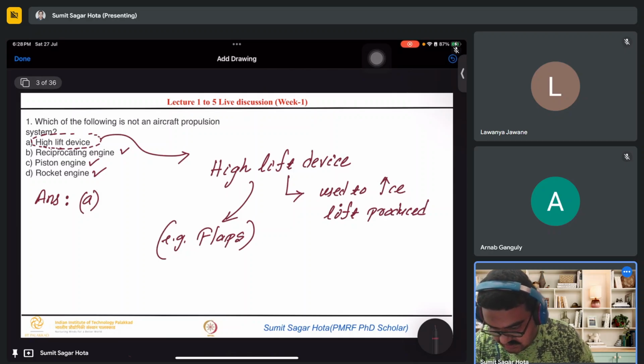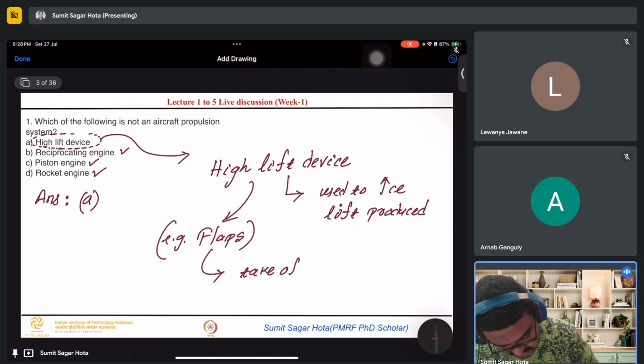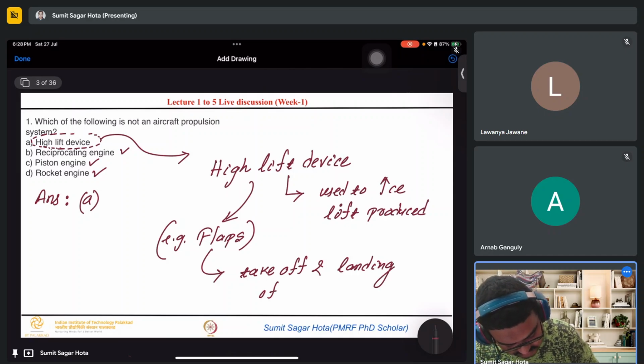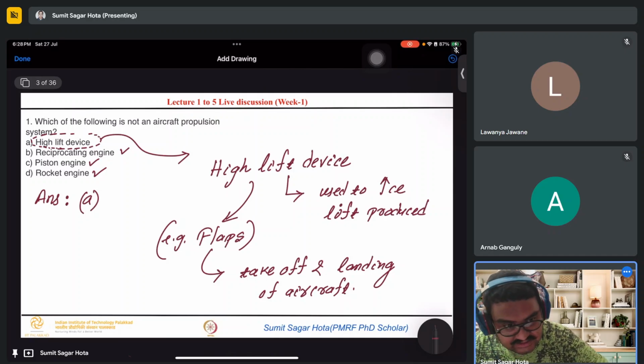Why are flaps used in any kind of aircraft? Obviously for the takeoff and landing of the aircraft. Okay, so the first question's answer is done.